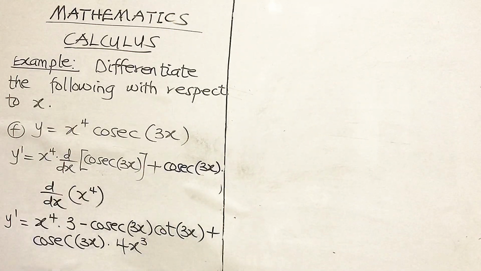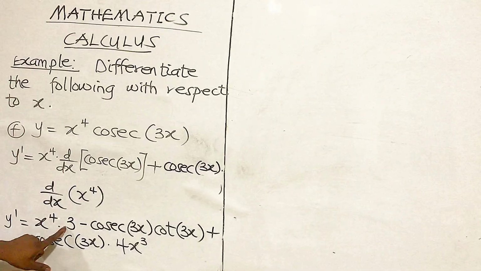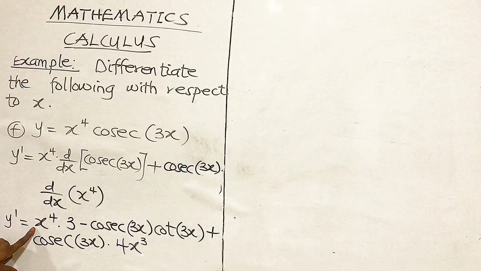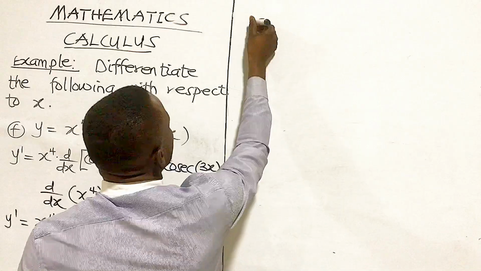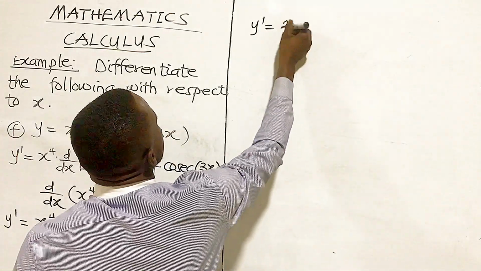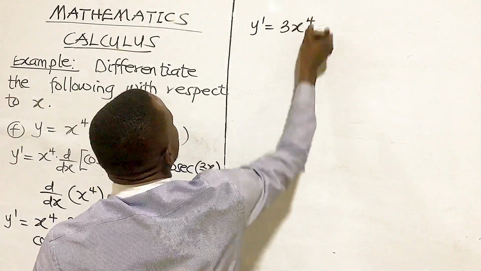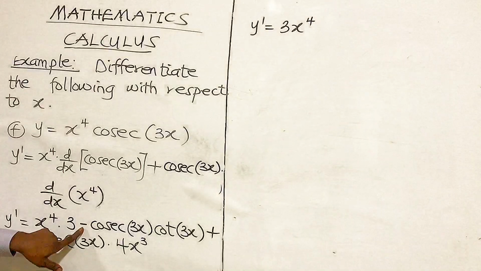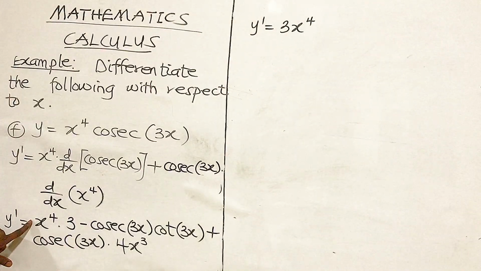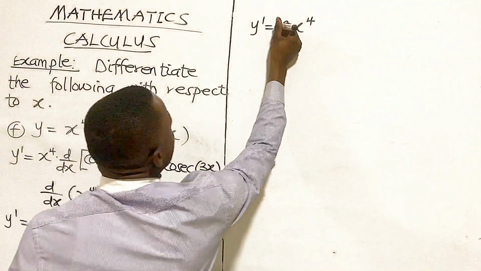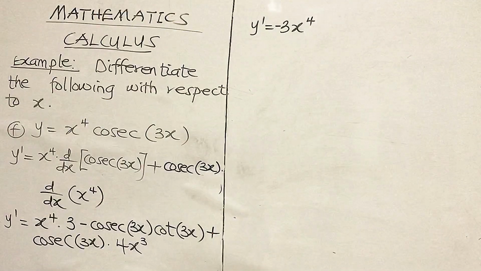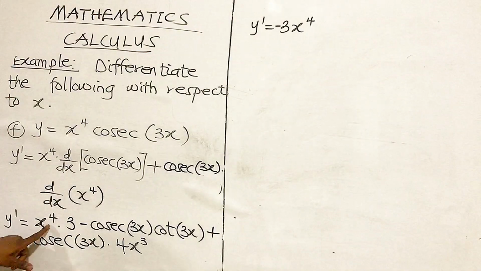So now we're going to evaluate this. The 3 will multiply the x power 4. So we have y prime to be 3x power 4. Because of the negative, we still write it in front, so I have negative 3x power 4.